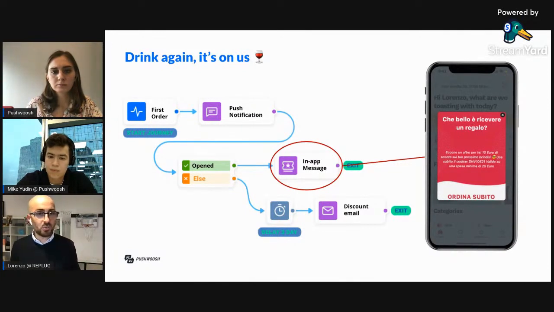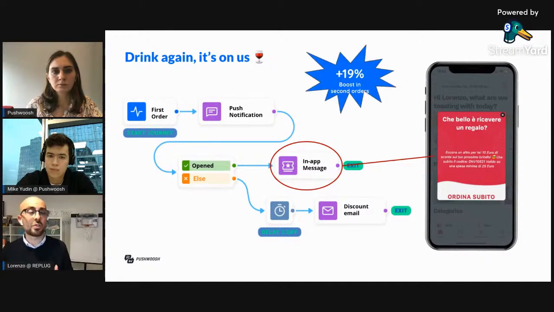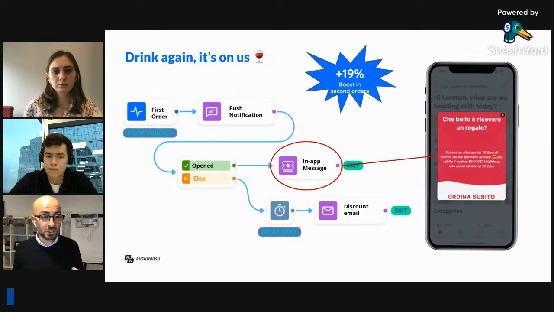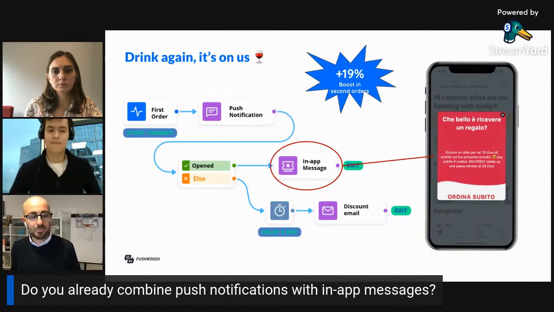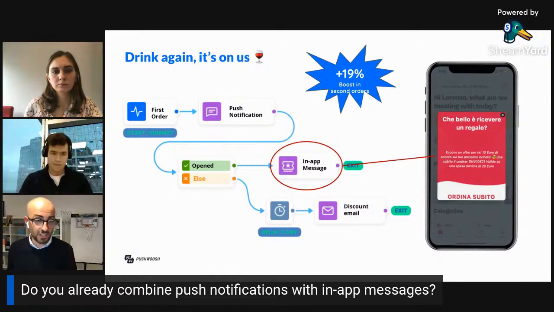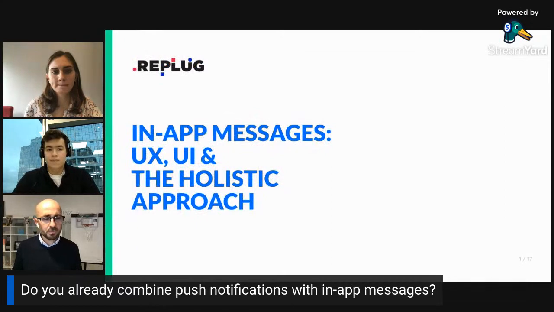So in this way, we really managed to get a boost of conversions rather than just having a single touchpoint with the user after the order. So as you can see, in-app messages are powerful, and if they are included in a holistic strategy, they can be even more powerful.